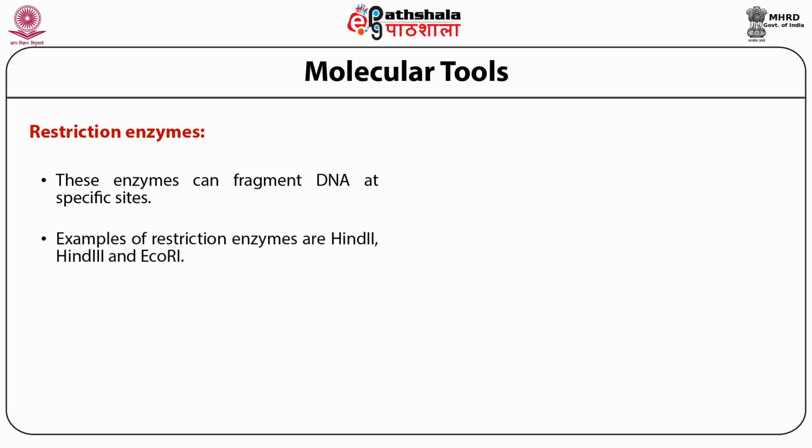Examples of restriction enzymes are HindII, HindIII, and EcoRI. These enzymes recognize portions of DNA sequences that are rotationally symmetrical and called palindromic sequences. For example, EcoRI cleaves the site 5' GAATTC 3'.